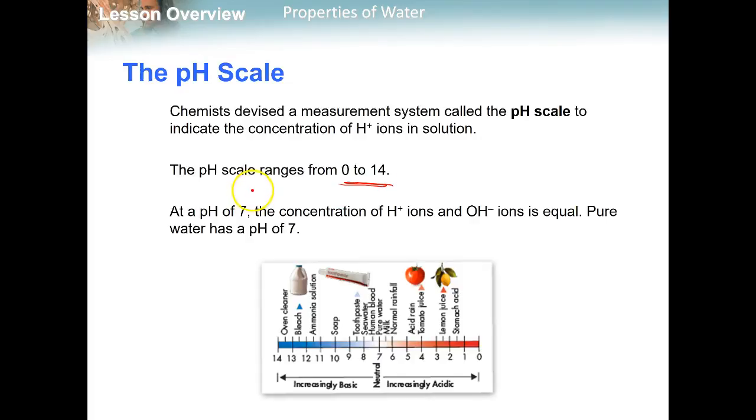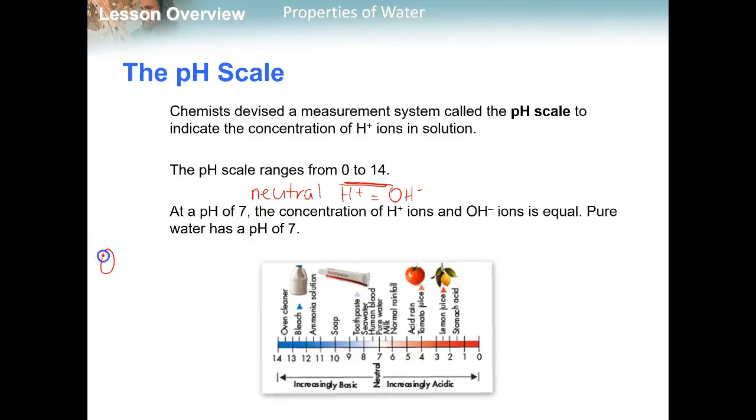A pH of 7 is going to be neutral, where there's going to be an equal number of hydrogen ions and hydroxide ions. But when we think about what happens from 0 to 6 and 8 to 14, this is where we look at the changes that take place in those numbers of hydrogen ions and hydroxides.